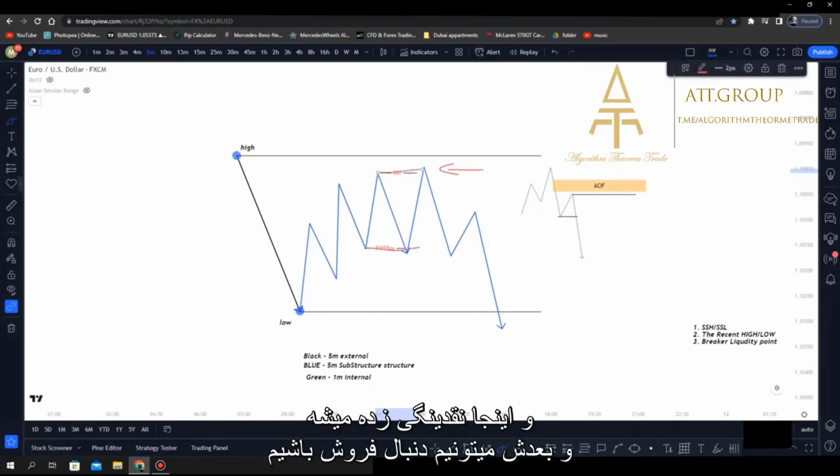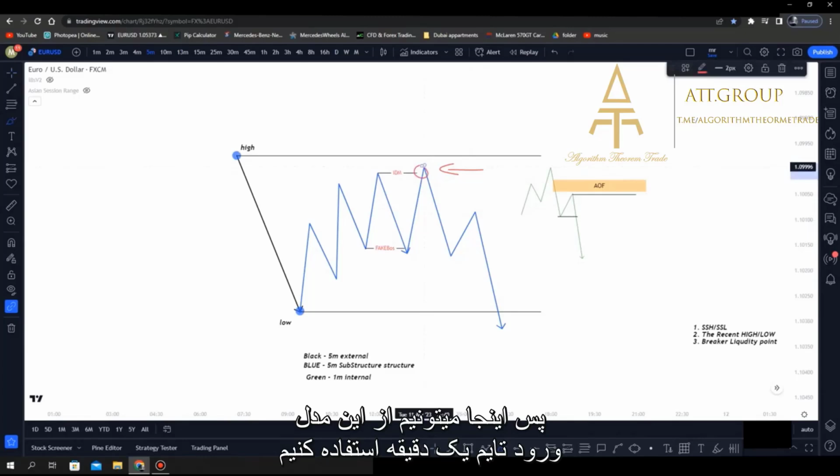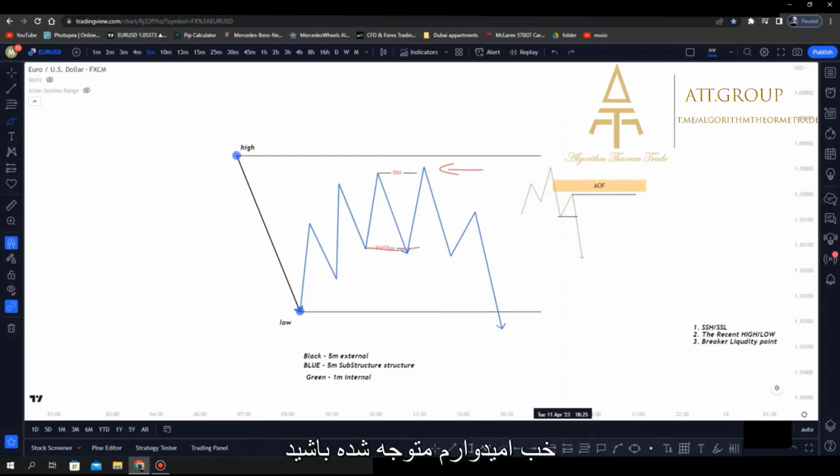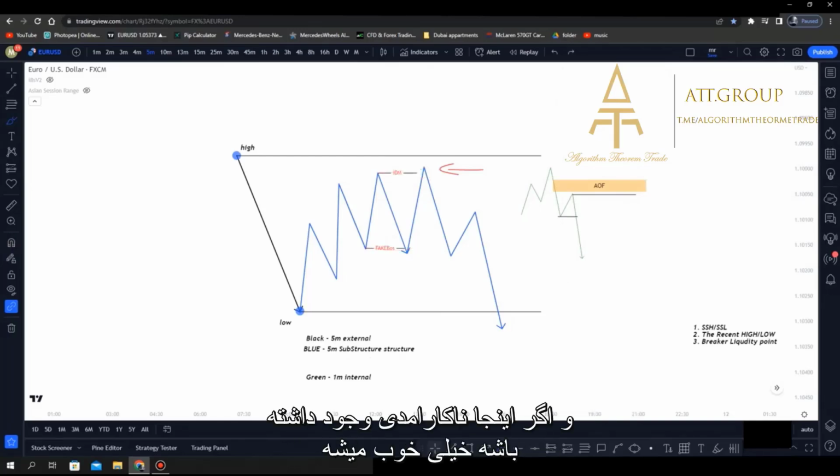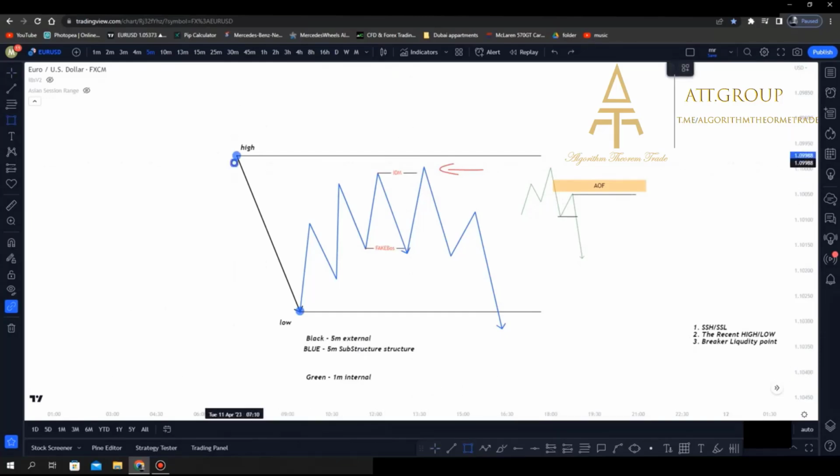Alright, we got liquidity gained right here. And after the liquidity, we can look for sells right in this point using this 1 minute entry model. So hopefully it makes sense. And yeah, the best thing also would be if we get some kind of IPA right here.